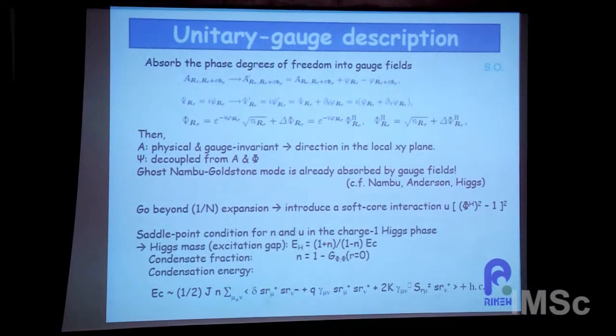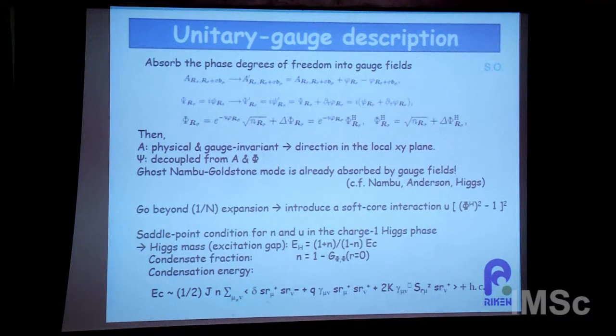It provides a mass to the gauge particles, that is, photons. Now photons are massive spin 1 particles, which have 3 degrees of freedom, not 2. The remaining degrees of freedom are these massive gauge field excitations and also the Higgs particle.